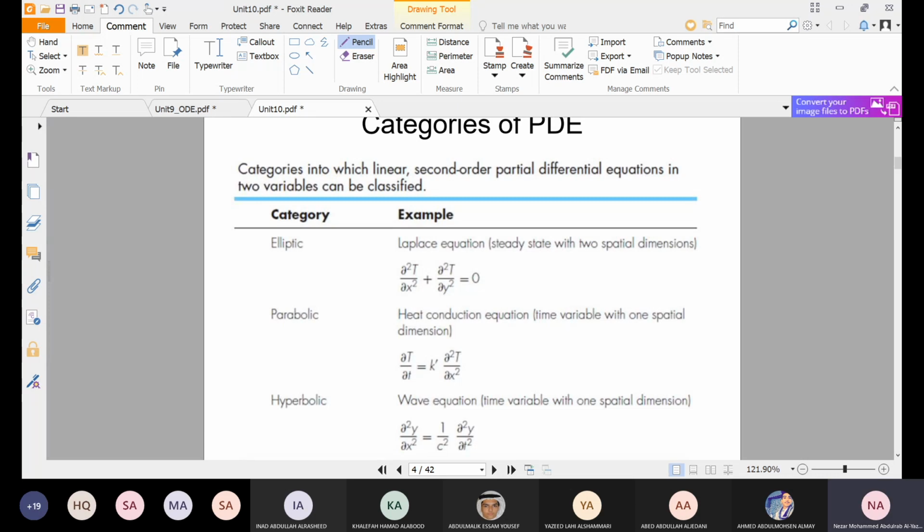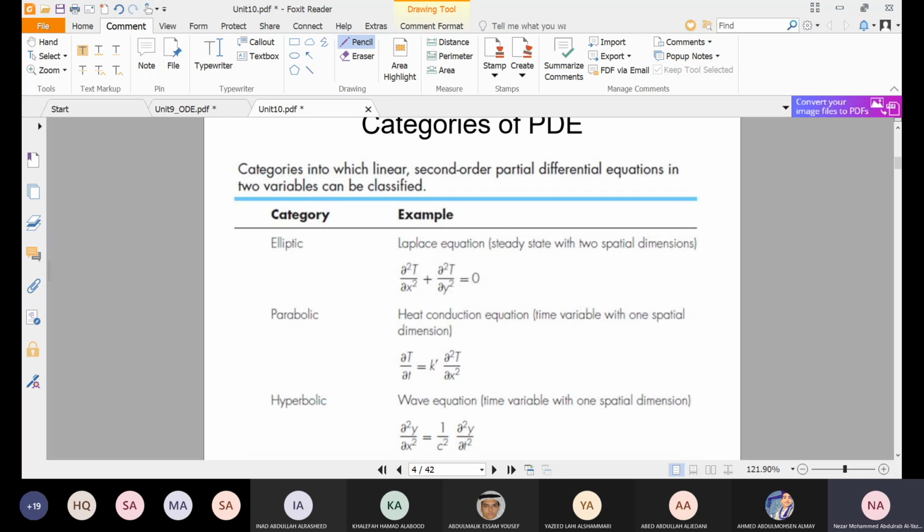The parabolic equation is like the heat conduction equation, with a time variable and one dimension, and it contains a second derivative and a first derivative. In the previous one, the Laplace equation, we have the second derivative of t with respect to x and the second derivative of t with respect to y. Again, we rewrite this in terms of finite divided difference. The hyperbolic equation, an example of this is the wave equation, has a time variable with one dimension.